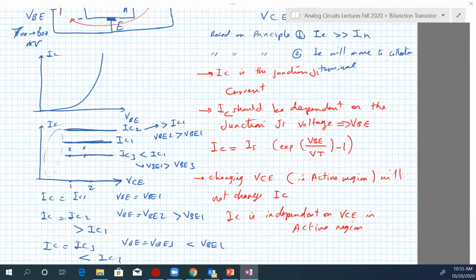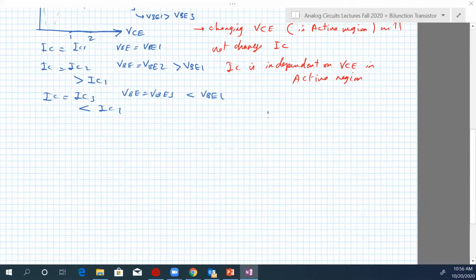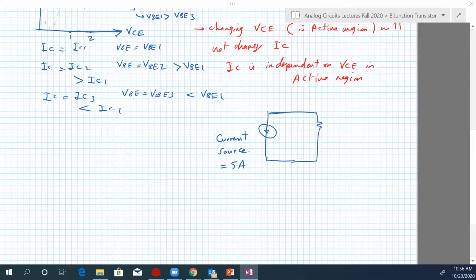Let's go back to our first demonstration of the amplifier. We said that the amplifier is a voltage-dependent current source, and we know from circuit theory, if you have a current source like this, for example giving 5 amps, whatever load you connect, it will still give you 5 amps.